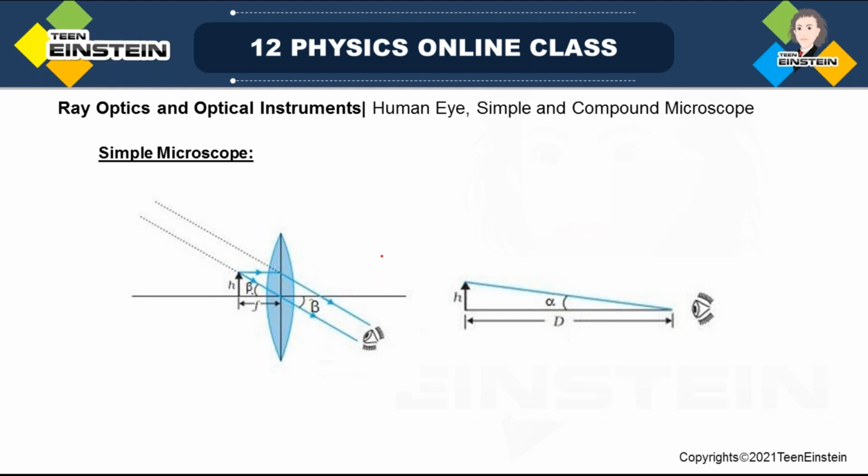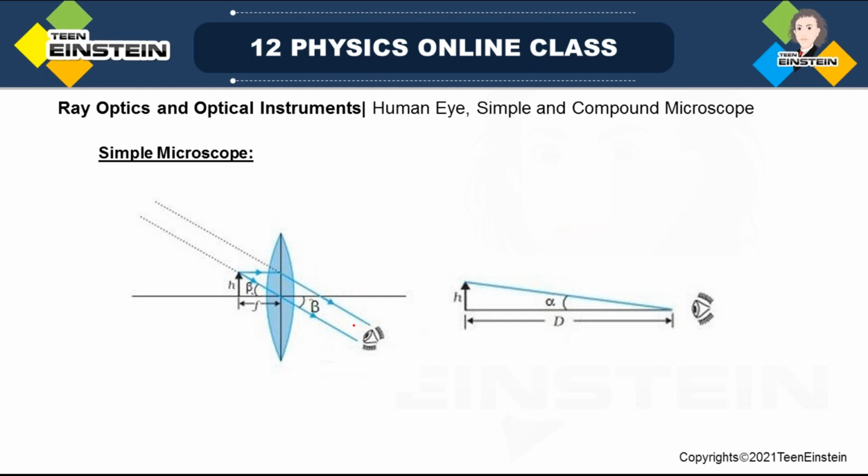To avoid that strain, generally what we do is focus on something very far, at infinity. If we focus our eyes at infinity, then our eyes will be relaxed. But for a simple microscope, when the image is formed at infinity, what will be the magnification? Look, this is the case.